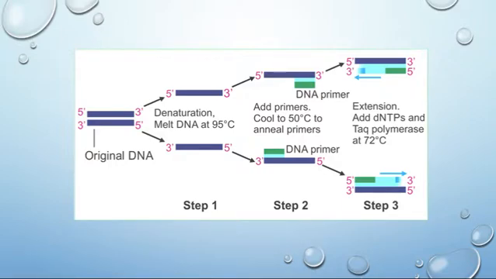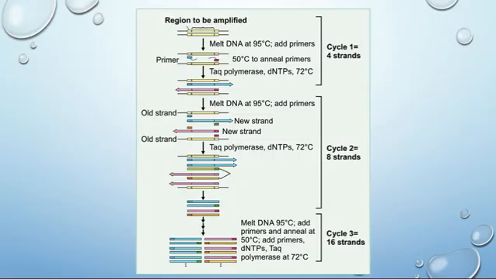So in the next flowchart you can see here the region to be amplified, or we can call it the target DNA. Okay. Now this target DNA is made up of double strands. So by melting the DNA at 95 degrees, the two DNA strands are separated.